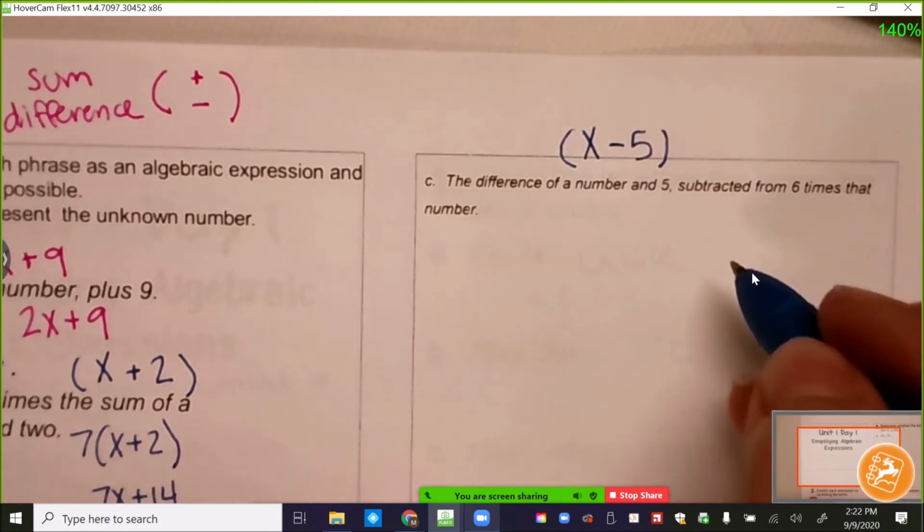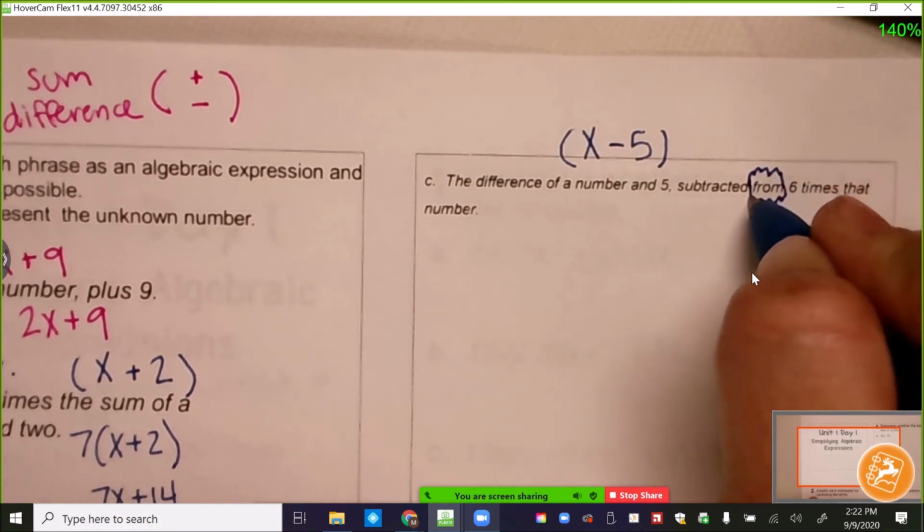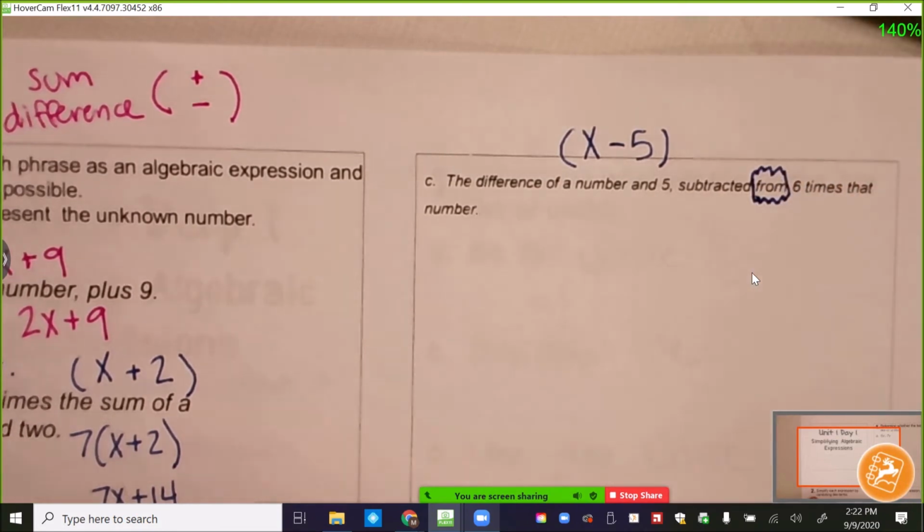So then it says subtracted from, which is the key word here. Anytime you see the word from, whatever's behind it goes in the front. Because if I'm going to take money from you, don't you have to have that money first? Okay, if you're going to take something from something, it has to be there already.